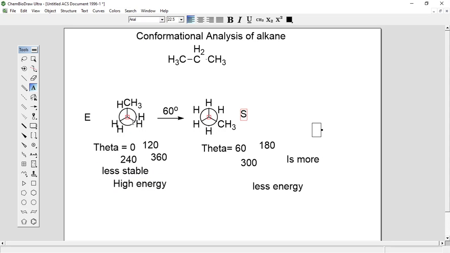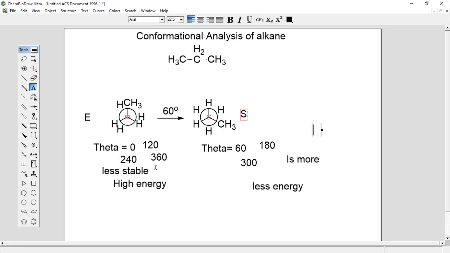And one more reason is it's a high energy conformation, because there is a steric hindrance between this methyl group and hydrogen in eclipse conformation. That's why, due to that steric hindrance, the energy of the molecule increases.